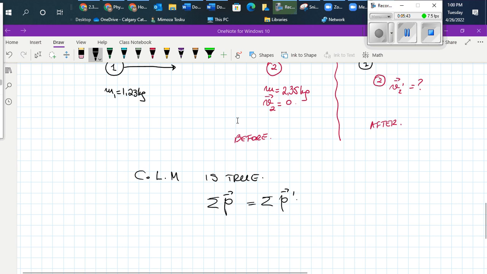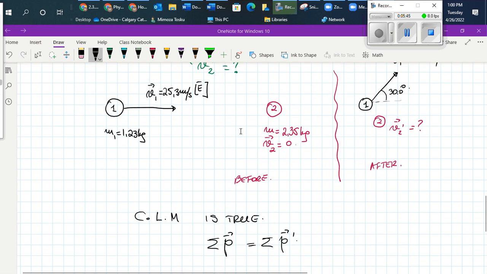When we see this, what do you think? Is this a 1D or 2D situation? What you will look for is any of those vectors: velocity 1, velocity 2, velocity 1 prime, velocity 2 prime.